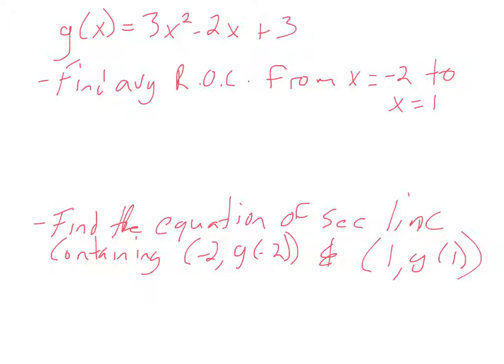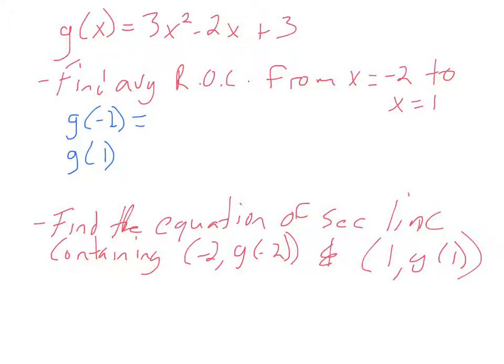So for the first part here, finding the average rate of change from x equals -2 to x equals 1, we know we need more than just the x coordinates to do this, right? We have to have the actual points. So when x equals -2, we have to know what is y equal to for this function. Same thing's true for 1. So we have to figure out what is g of -2 and what is g of 1 to be able to answer that question, right?